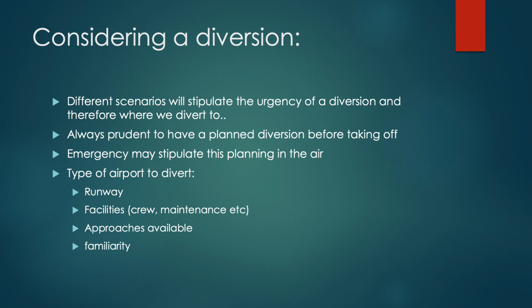Possibly facilities for the crews, so a restaurant or somewhere to stay. If we're flying IFR, maybe what approaches are available, and then also familiarity. So are we familiar with the aerodrome, or is it completely new to us? And that's obviously going to change, effectively, can we go there or not, or the safety margin in going to a particular airfield.